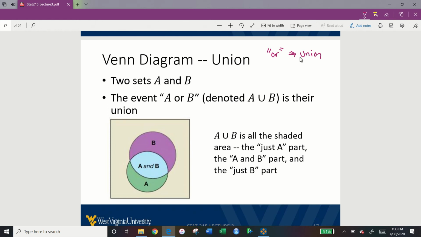So, using the same diagram that we use for intersection, we have the part that's just A, the part that's just B, and our overlap of A and B, which is the intersection. Our union is all of A and all of B. Everything that's shaded is our union.